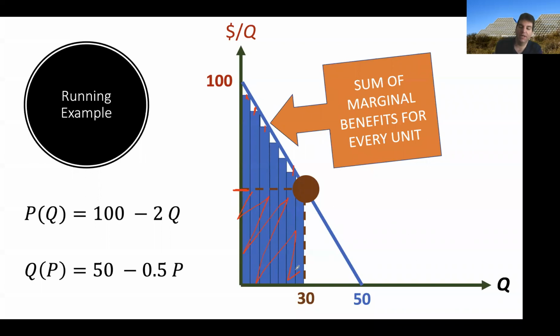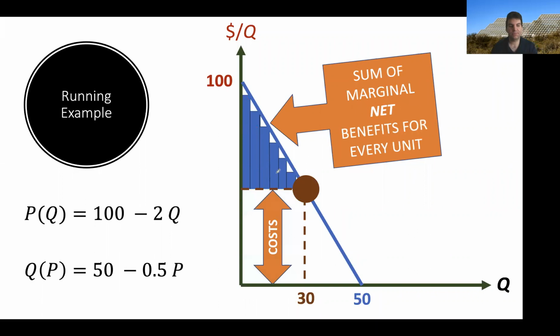I had to give away that amount of money. You can think about it, this is the quantity and this is the price of those balls. And so the area of that rectangle is how much money I spent on my supply of green balls. And so the actual benefit that I take home at the end of the day is this triangle up here. And that's the so-called consumer surplus, the sum of the marginal net benefits for every unit that I buy.